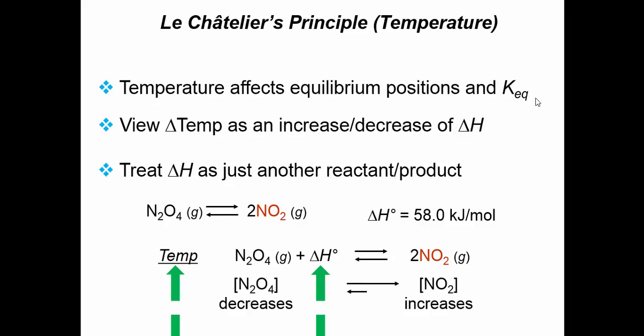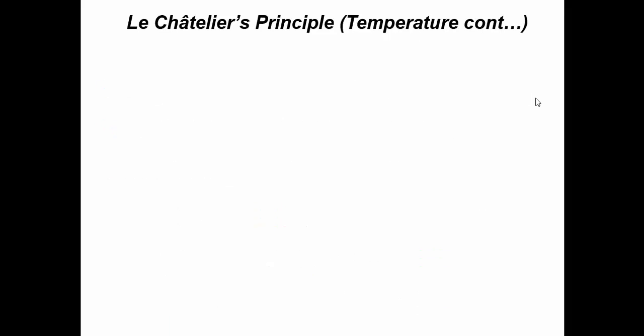And when you lower the amount of reactant, the overall reaction shifts left, and you get an increase in the reactant and a decrease in the product. What's the take-home message here? Changes in temperature really mean that you're adding or taking away heat energy, or delta H. And depending upon what side you put it on, you can figure out the direction it's going to go.